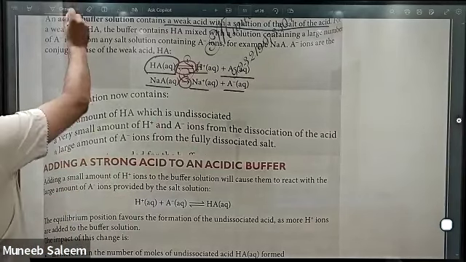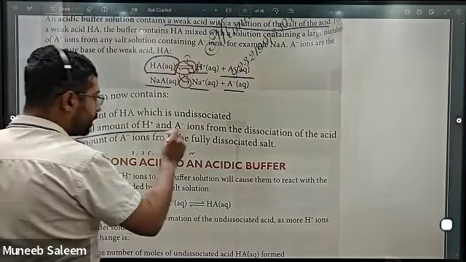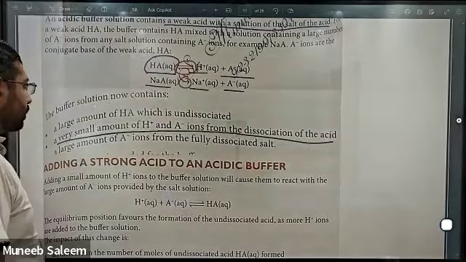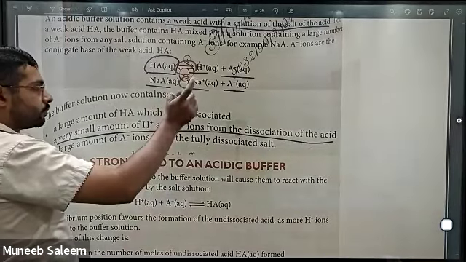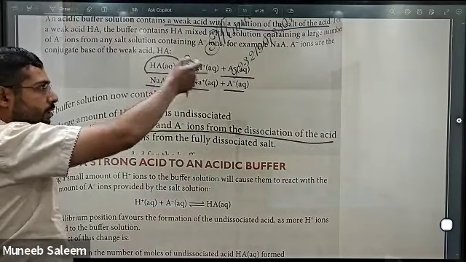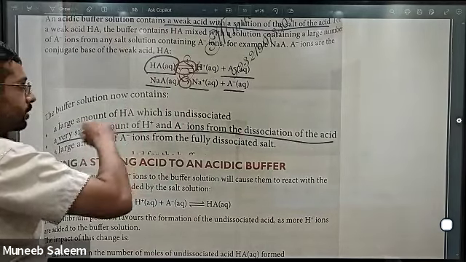And there will be a very small amount of hydrogen ions and anions from the dissociation of the acid. If it is mostly in the undissociated form, then definitely there will be less hydrogen ions and A negative ions coming from the HA.